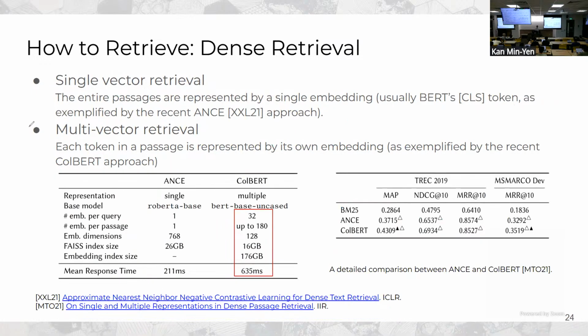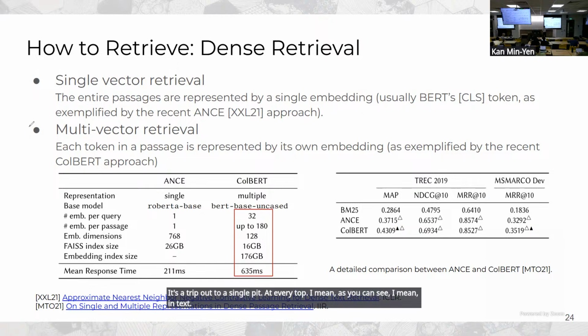Next, we can have a simple comparison. For the single vector case and the multi-vector case, if we compare based on properties like representation, for the single vector case a query is represented by one vector, but for the multi-vector case it is many vectors, because the unit is a token, not a single query. As a result, the embedding index size becomes quite large.